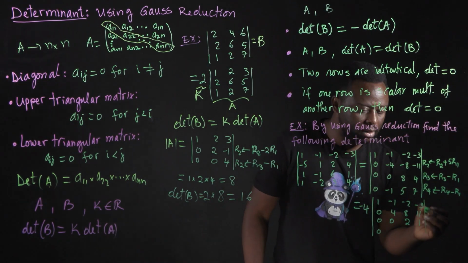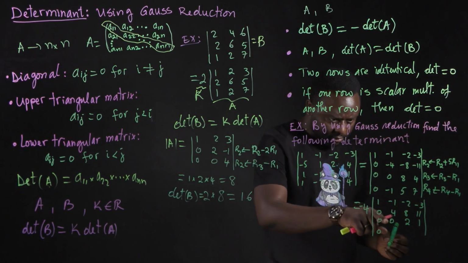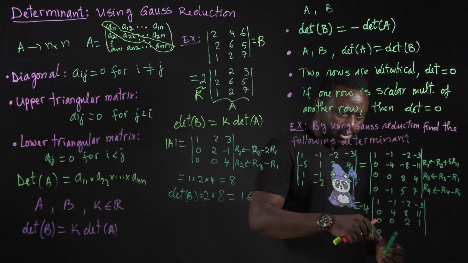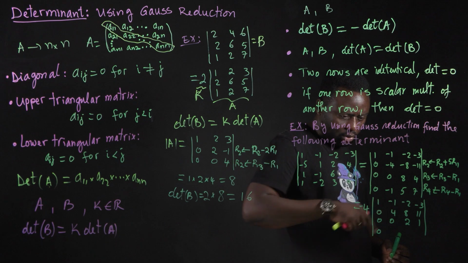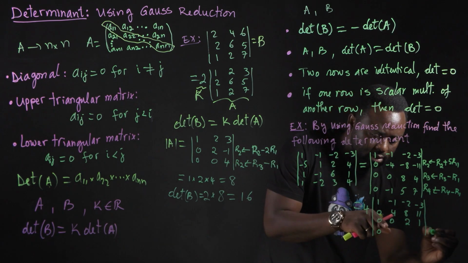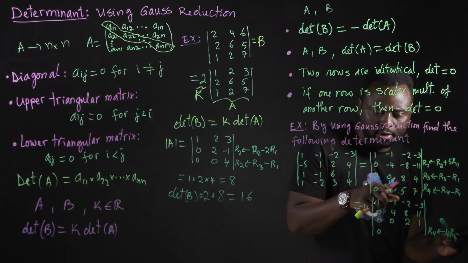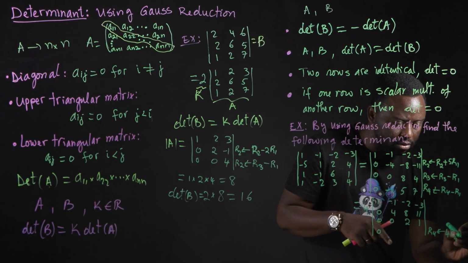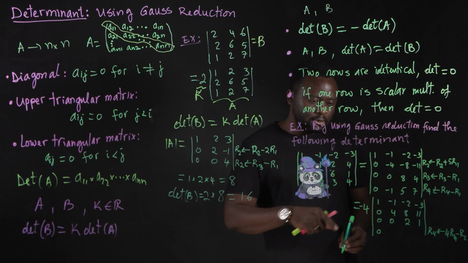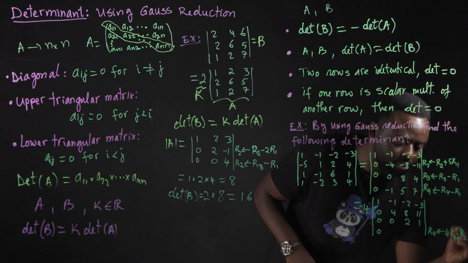For the last one, I want to get rid of this one. How can I proceed? I can use this row, the R2. So the new R4 is 4R4 minus R2. Now we have a negative sign here, so let's say 4R4 plus R2.